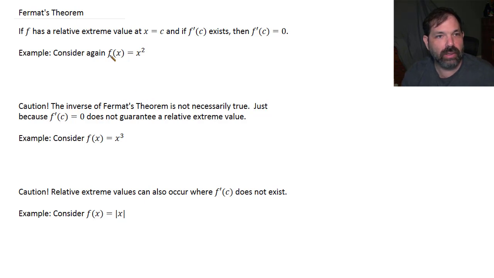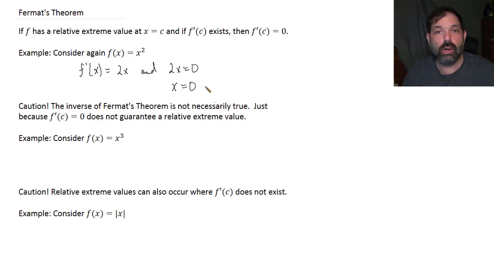So let's think about this again. If we think about the function f of x equals x squared, then the derivative is 2x, and 2x equals 0 implies that x equals 0. And notice that the minimum occurred at x equals 0. Now we've got to be a little careful with this. It doesn't guarantee things.